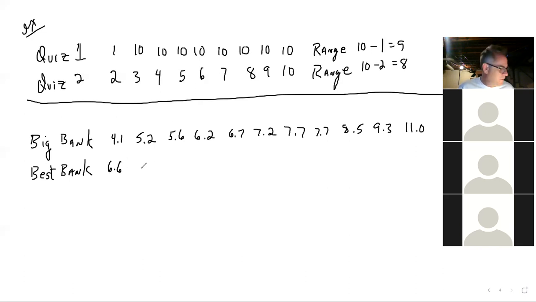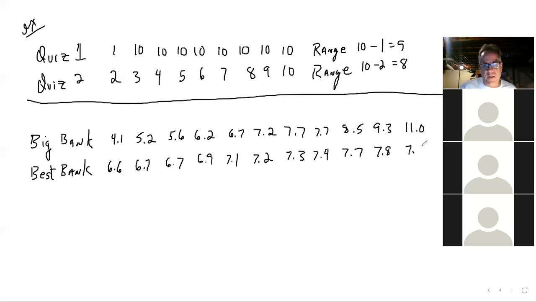And then the Best Bank times: 6.6, 6.7, 6.7, 6.9, 7.1, 7.2, 7.3, 7.4, 7.7, 7.8, 7.8.